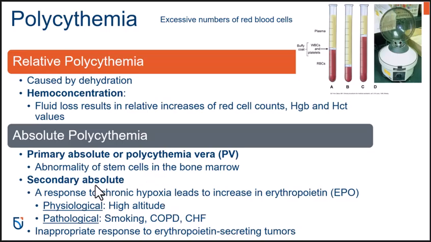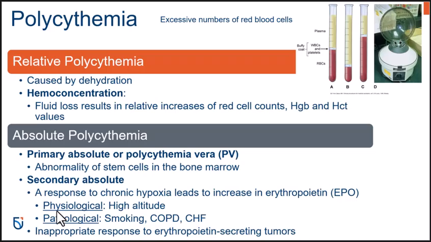So the body is in a state of not getting as much oxygen as it needs, and so the response to this is to produce erythropoietin to then stimulate the red bone marrow to make more red blood cells in response to this chronic hypoxia. And so it's like the body thinks, we're not getting enough oxygen for some reason, so let's just make more red blood cells to try and account for that.